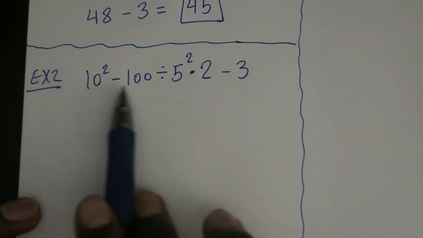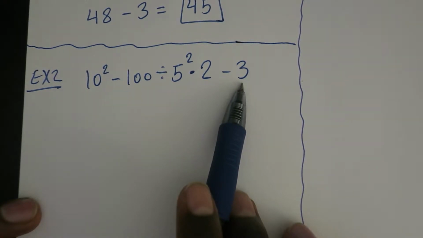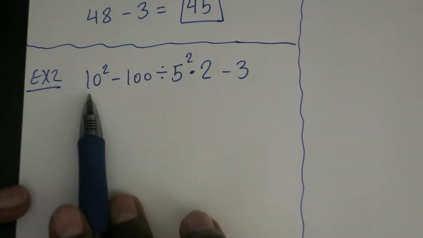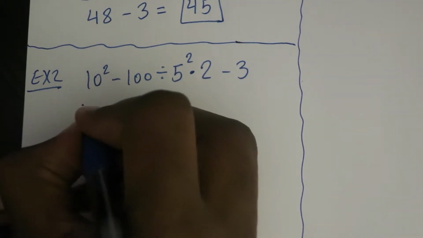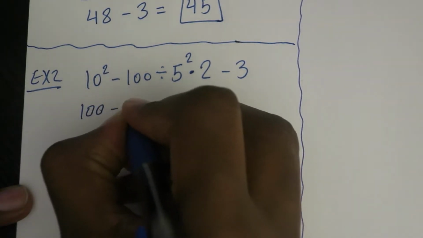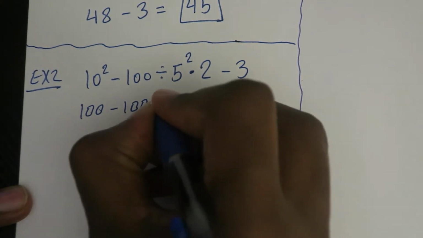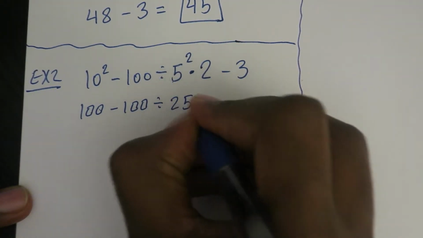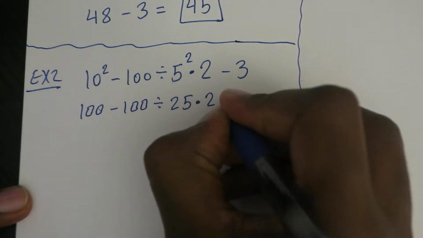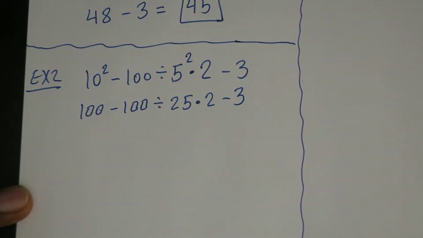Well, there are no parentheses here, so you go to the second letter, which is exponents. 10 squared is 100. Minus that 100 divided by, I have another exponent here, which gives you 25, times 2 minus 3. So I'm done with my exponent part.